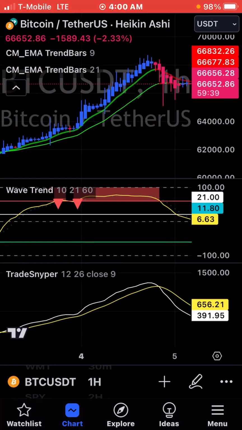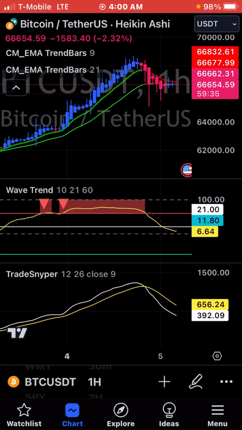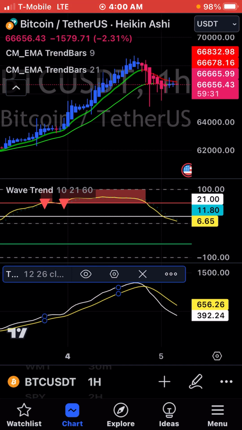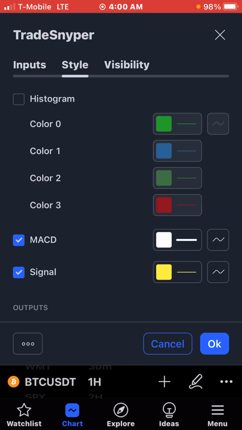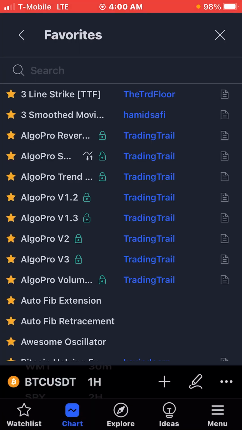So today I'm going to run you through the formula that I use to trade Bitcoin by reading the Bitcoin dominance chart. Okay, so to set this up, I have a little new layout here. I have the wave trend, which I talked about in the last video, and then Trade Sniper. Now, Trade Sniper I actually put on here twice. I'll load up the MACD and the signal on one, and then I'll do it again here.